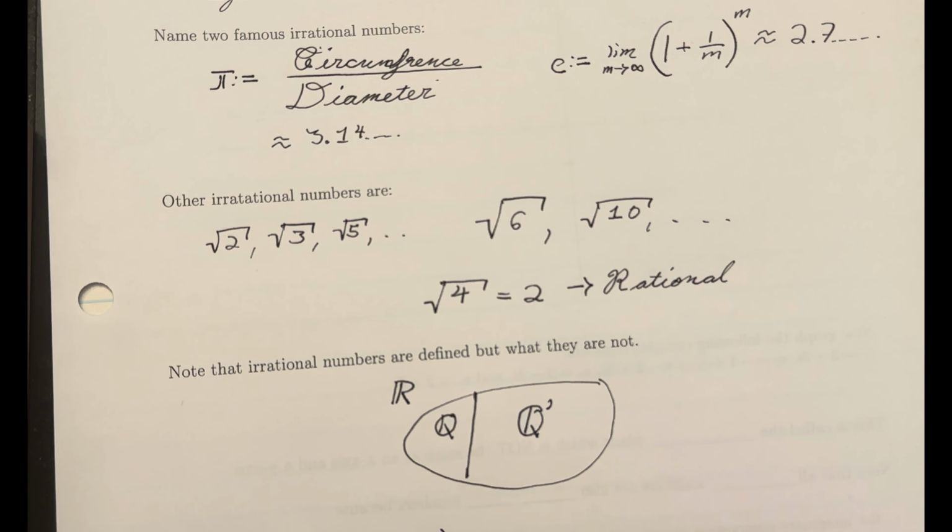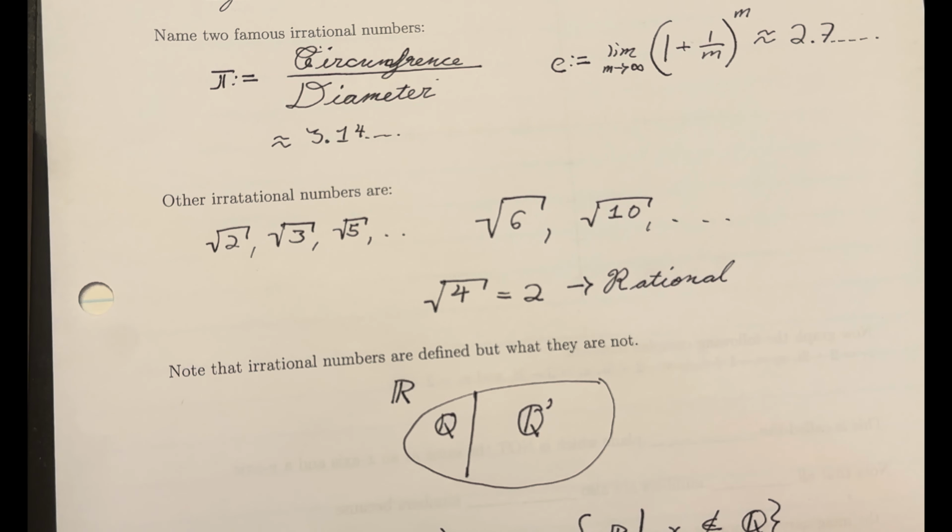And so this further says that the set of irrational numbers is defined as the set of real numbers such that our number, whatever it happens to be, does not belong to the set of rational numbers.